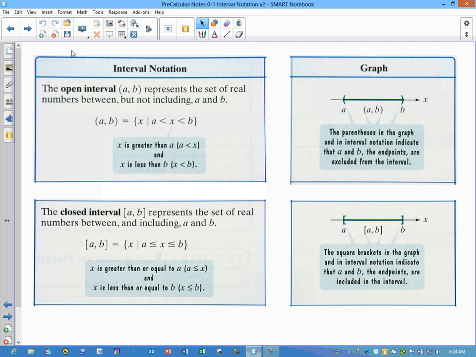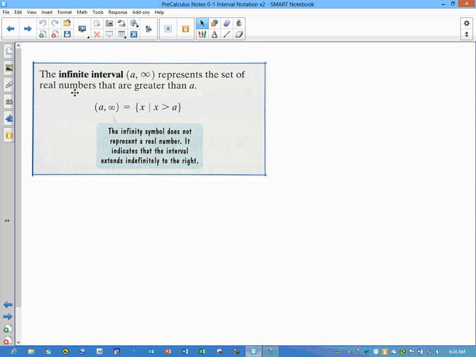And then the other type of interval that we talked about was the infinite interval. That's where your interval starts at a bound and goes off to infinity. And here we have, this would be the open interval from a to infinity, or in other words, the set of all x such that x is greater than a. We want to get comfortable with being able to read these symbols and know what each symbol means.